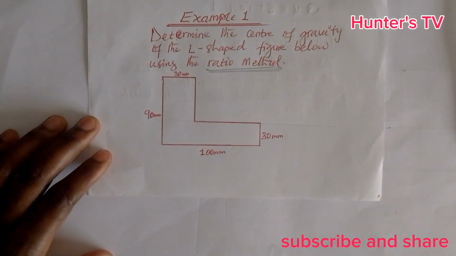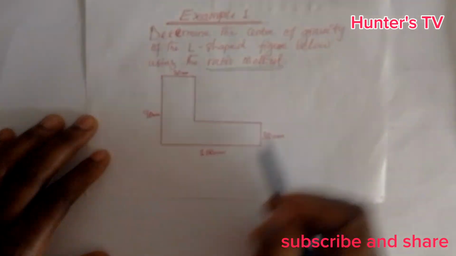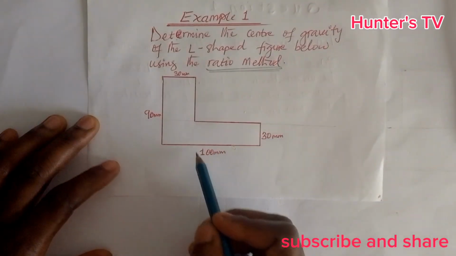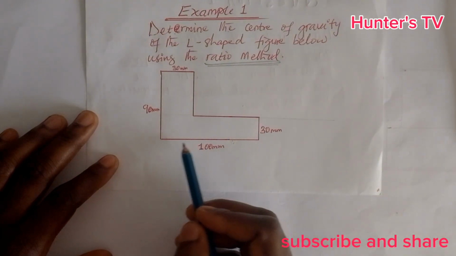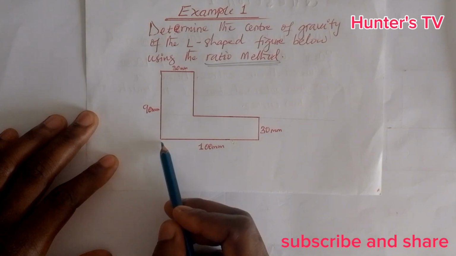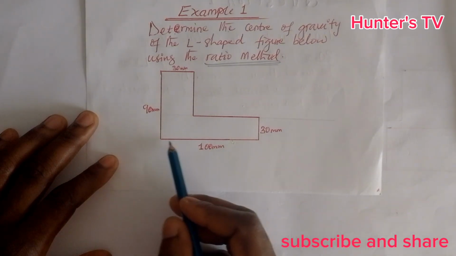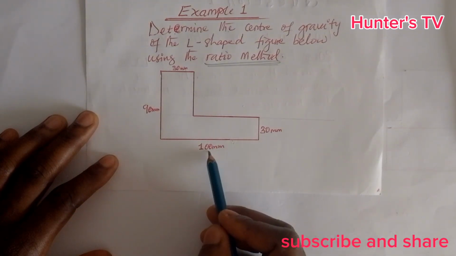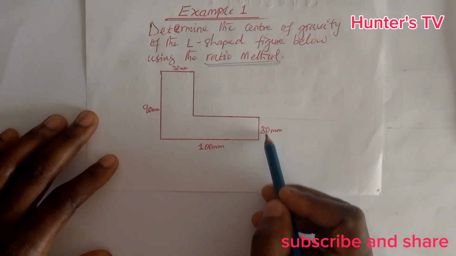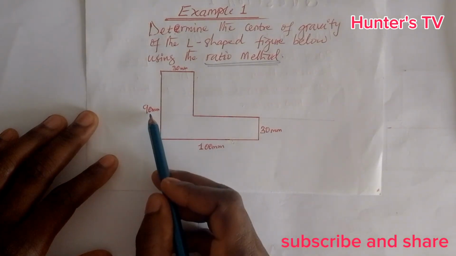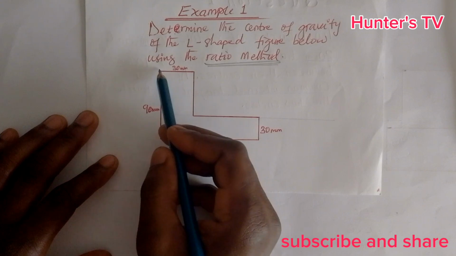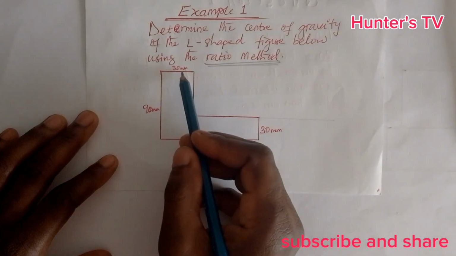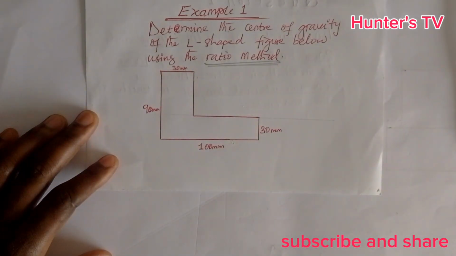Let's go. So let's analyze the question. As you can see, the base dimension of the figure is 100 millimeters. This side is 30 millimeters and the height is 90 millimeters. The upper dimension here is also 30 millimeters.